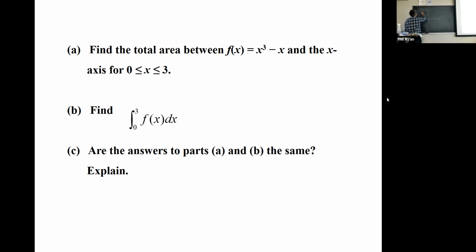At 2, 2 cubed minus 2 is 6. So let's put 6 here. It's here. And at 3, 3 cubed minus 3 is 27 minus 3 is 24. Okay, so at 3, it looks like this.